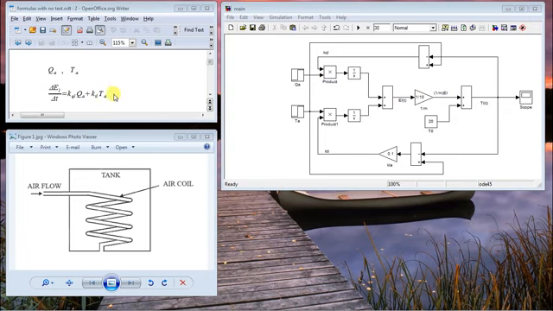Now the quantity of energy transferred from the air coil to the liquid per unit of time, which is this over here, is equal to a constant times the airflow. And the higher this constant, the better the transfer.